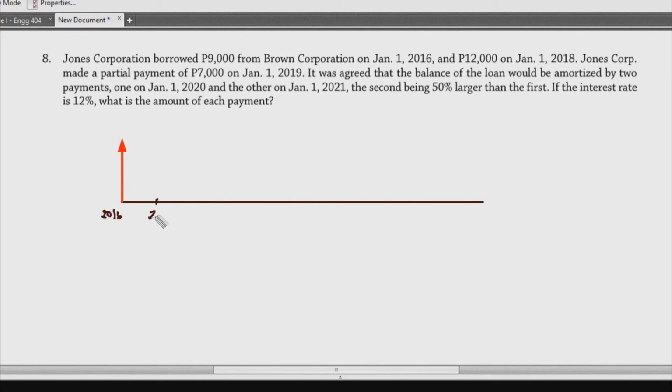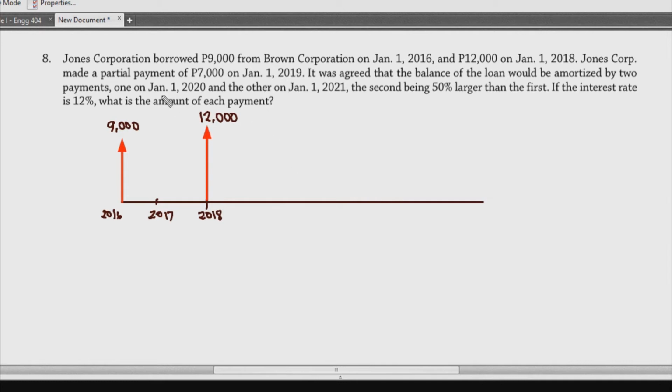Then in 2017 wala namang nangyari pero meron ng 2018 which in this case nagborrow ulit tayo ng additional, pero 12,000 yung binaro, mas malaki siya, no? Okay. So, dito, for the first one, we have 9,000. This one is 12,000.